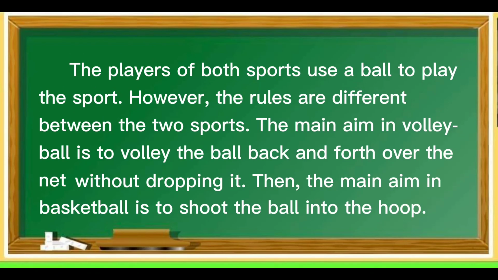The players of both sports use a ball to play the sport. However, the rules are different between the two sports. The main aim in volleyball is to volley the ball back and forth over the net without dropping it. Then, the main aim in basketball is to shoot the ball into the hoop.